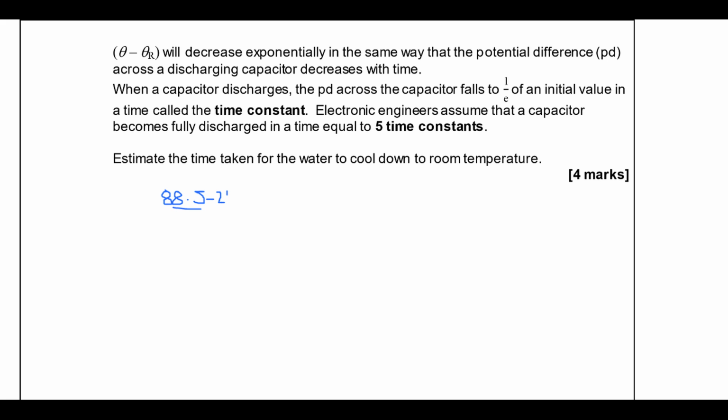So the initial temperature difference is this. We need to divide that by e. So 88.5 minus 21 divided by e to the power of 1 gives you 24.8.